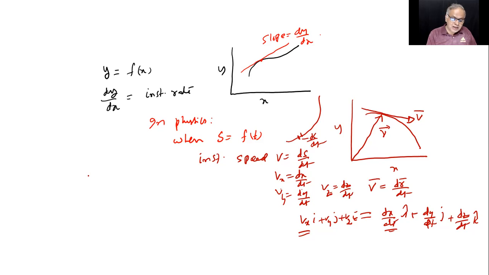So when I write in straight line, if I use ds by dt, it doesn't matter, but that will be both speed and velocity. Okay. Do you follow what I speak? Whether you write ds by dt or dx by dt, doesn't matter.